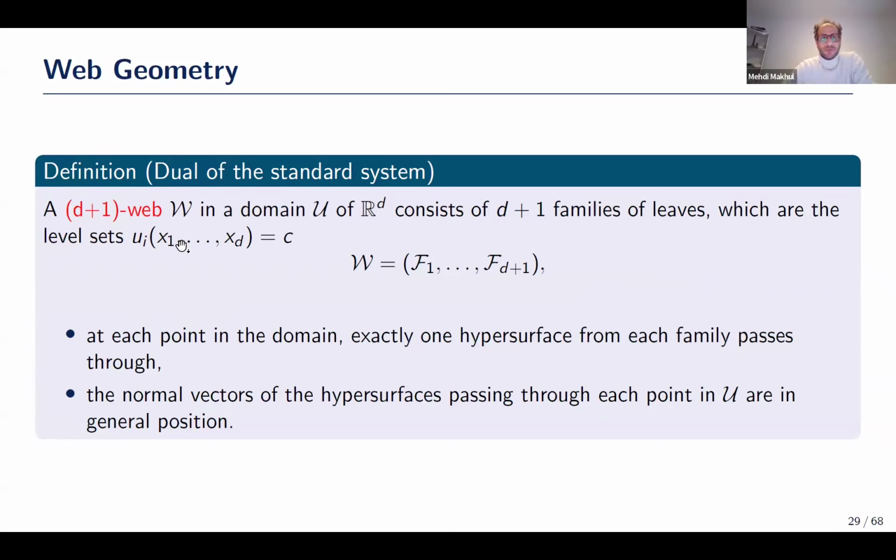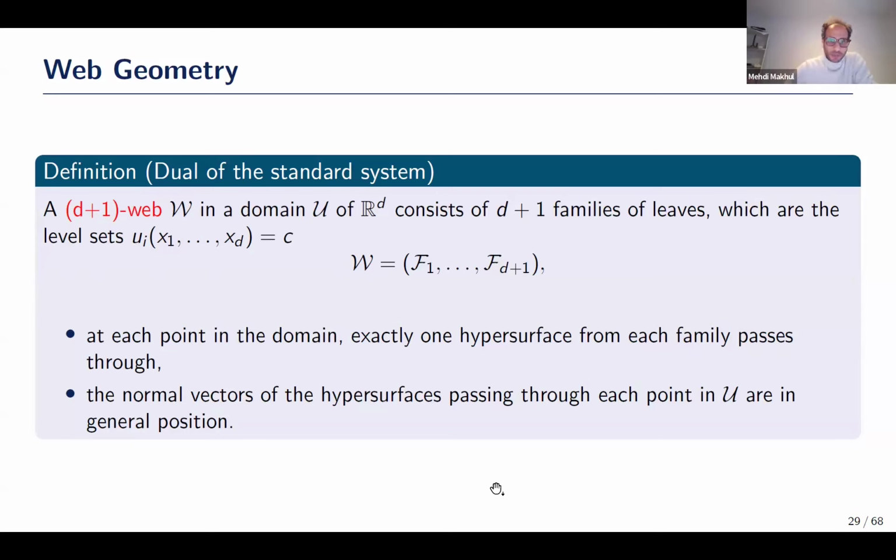By a d plus 1 web in a domain U of R^d, we mean d plus 1 families of leaves given by level sets of smooth functions of d variables, such that through each point in this domain passes exactly one hypersurface from each foliation, for example from f1, f2, up to f d plus 1, and also the normal vectors of these hypersurfaces at a point in U must be in general position.